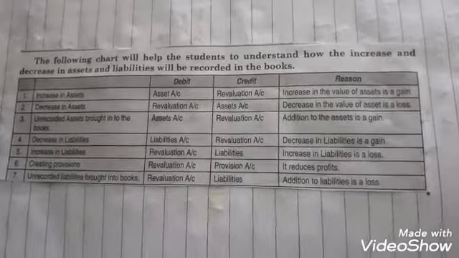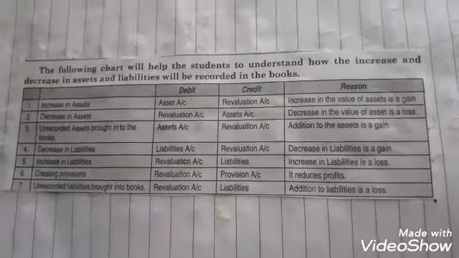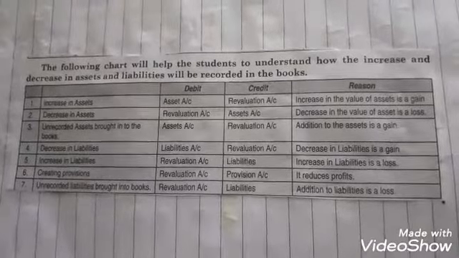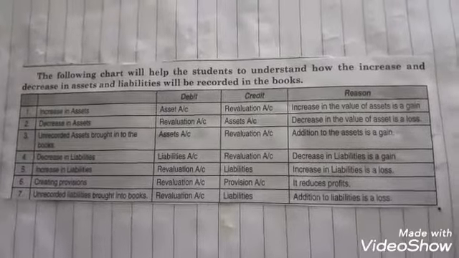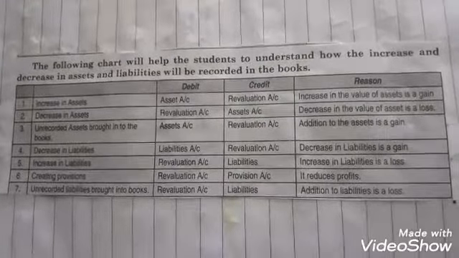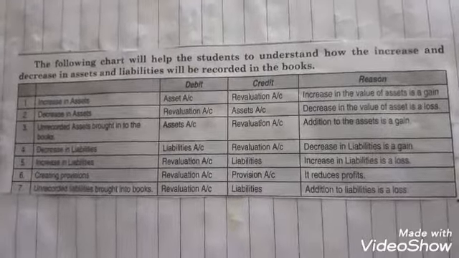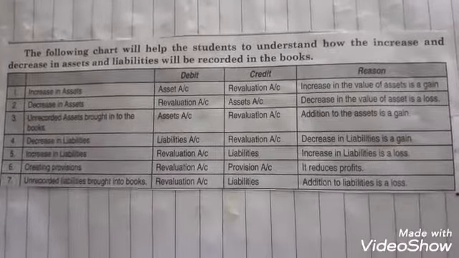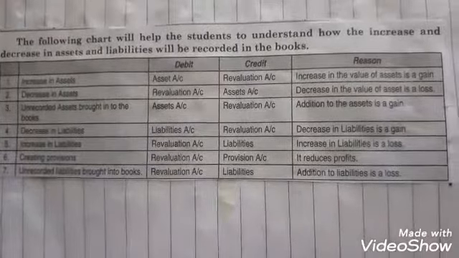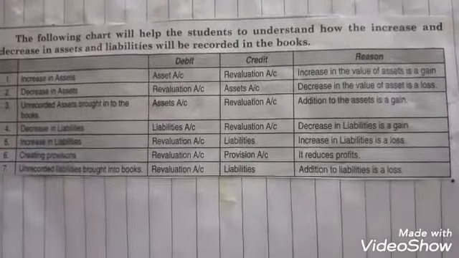This is the summary: when the amount will go into the credit side, when the amount will go into the debit side. Just like line number 1, increase in assets, it is an advantage, and it will go to the credit side of the revaluation account.